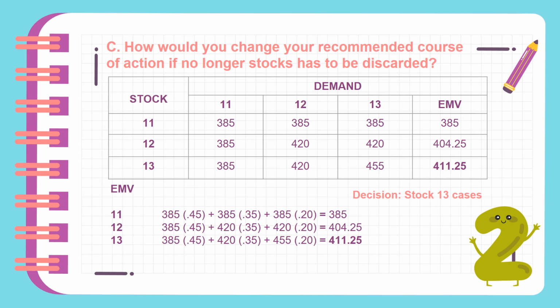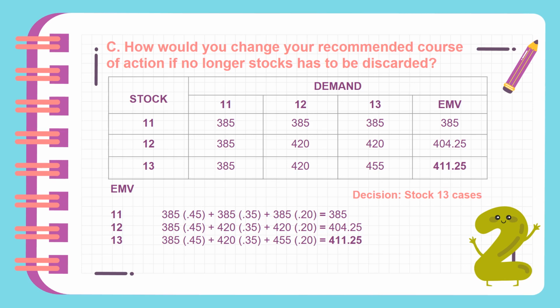Here in this course of action, since the stocks no longer need to be discarded, it only needs to replenish those stocks to that level every week. So, how did we get the recommended course of action if no longer stocks have to be discarded?